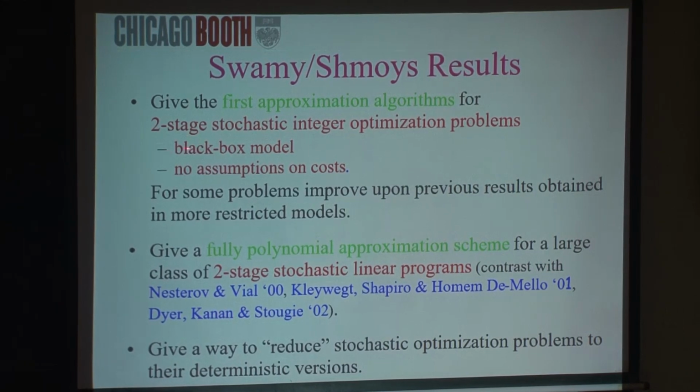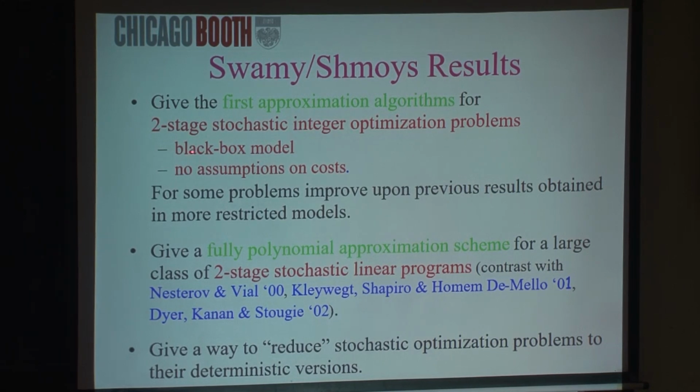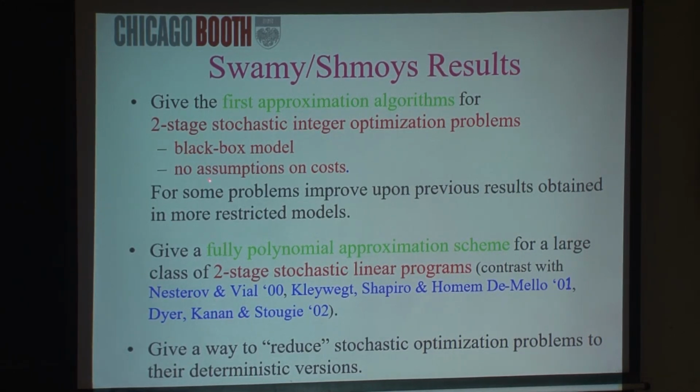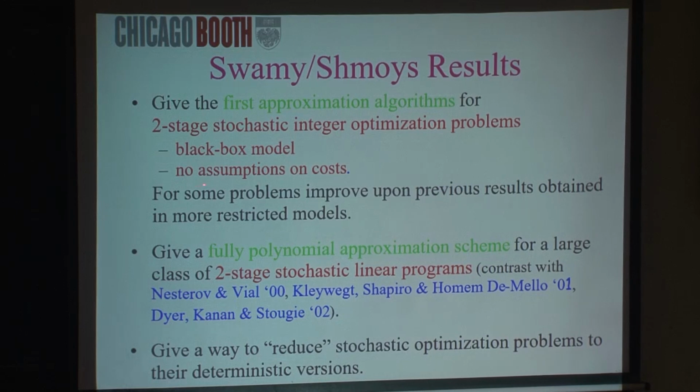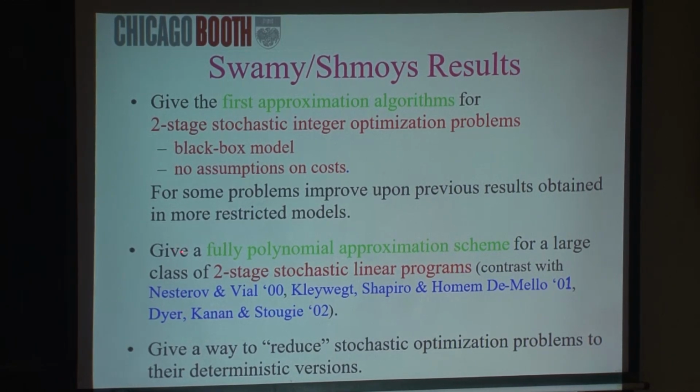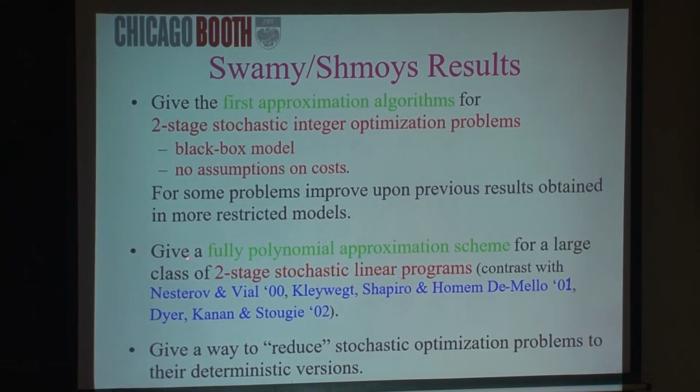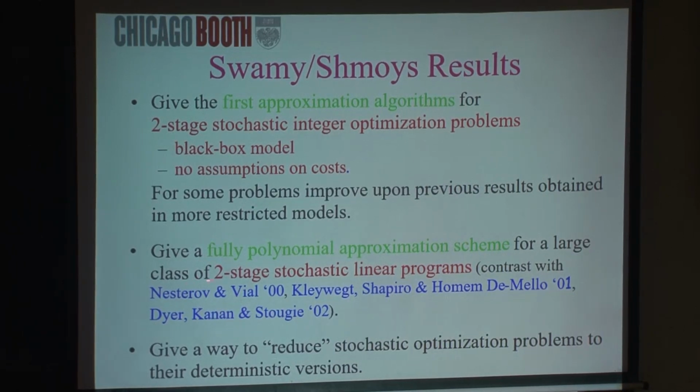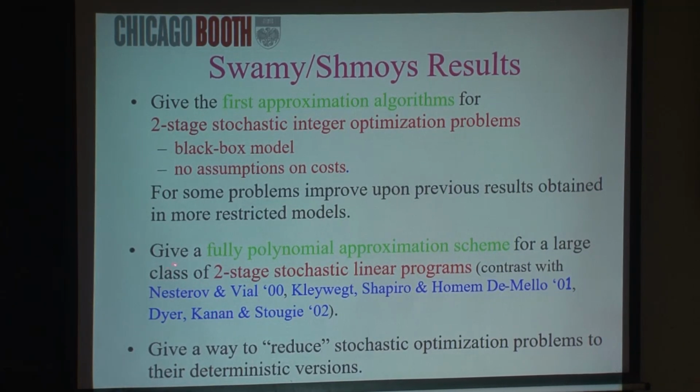Theirs is for two-stage stochastic integer optimization models, with no assumptions on the costs, and it's a fully polynomial scheme for these two-stage stochastic linear programs.